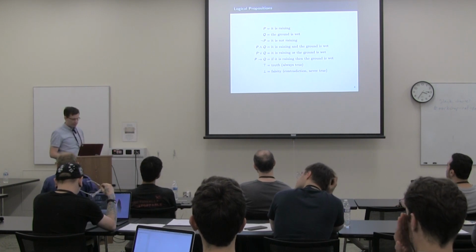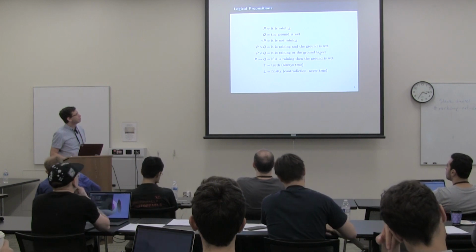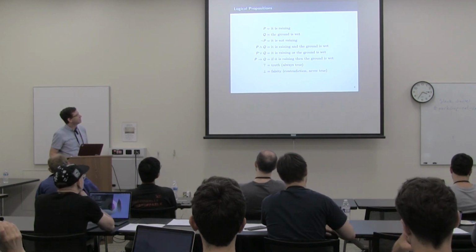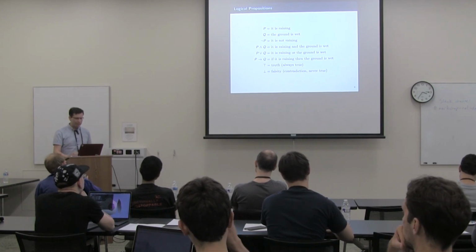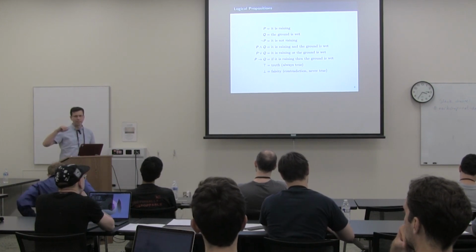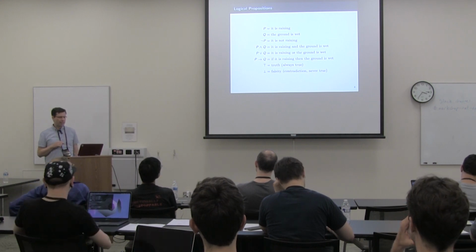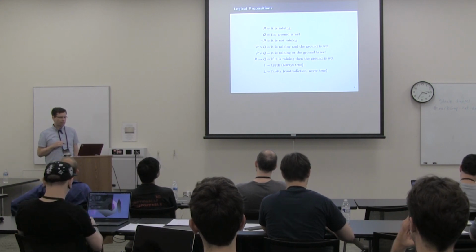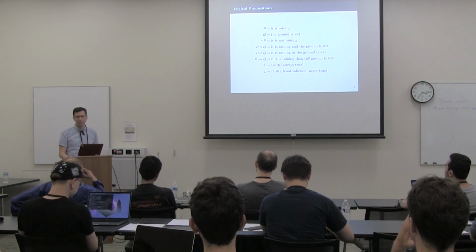This operator here means not, so not P says it is not raining. And then P and Q, you can think of it as an and because it looks like an A. It is raining and the ground is wet. The next line is P or Q, it is raining or the ground is wet.